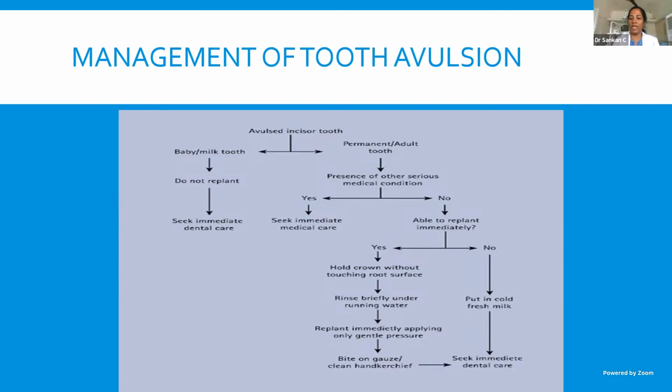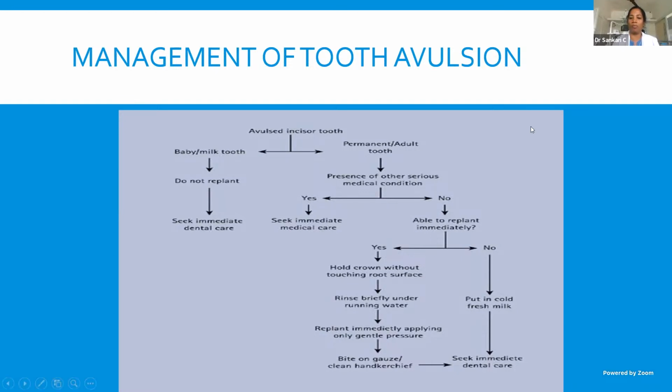So it is always better to do the root canal treatment externally and insert the tooth inside the socket as soon as possible. Just give a gentle pressure, check for the occlusion and bite on the gauze piece.